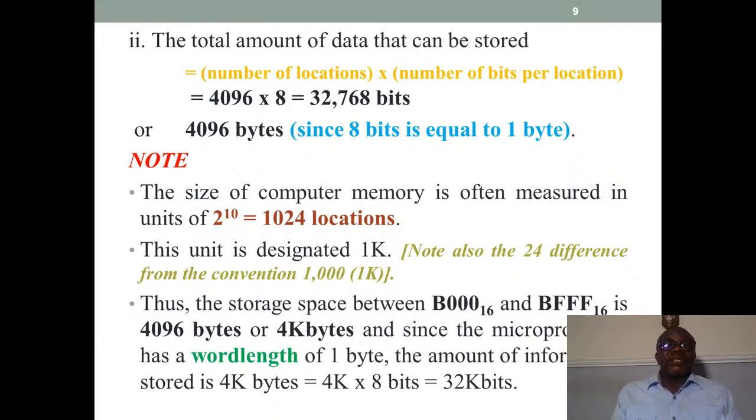Or we just say that it is 4,096 bytes, since 8 bits equals 1 byte. So you see that we've been able to find the number of bits, which is 32,768 bits, or its equivalent in bytes, which is that number divided by 8.